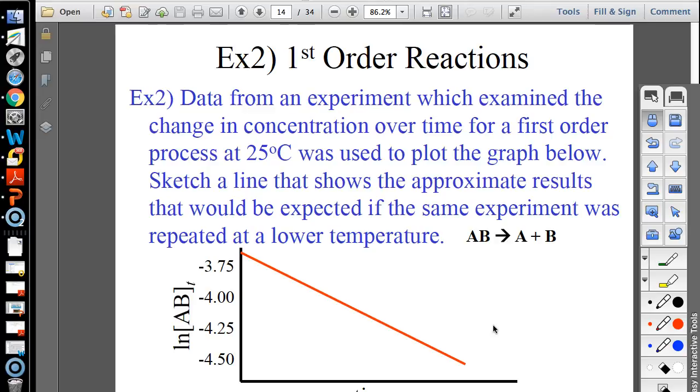This still goes back to yesterday: the bigger the K, the bigger the rate. Higher temperatures speed up reactions, lower temperatures slow them down. So if it's colder, K is going to be small. This line is K. It's negative K, but it's the same principle for the slope.